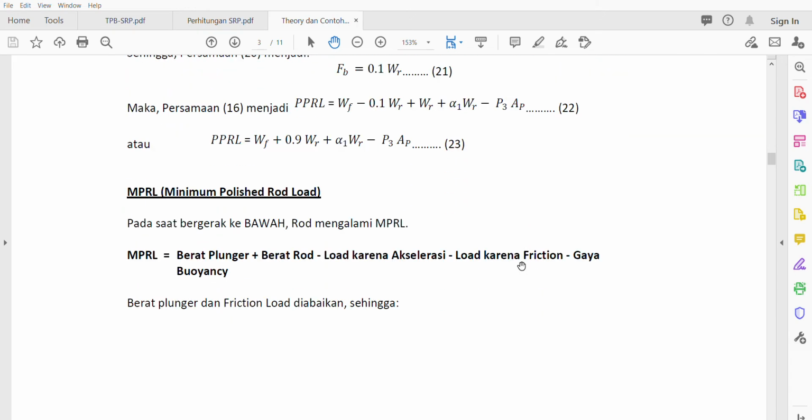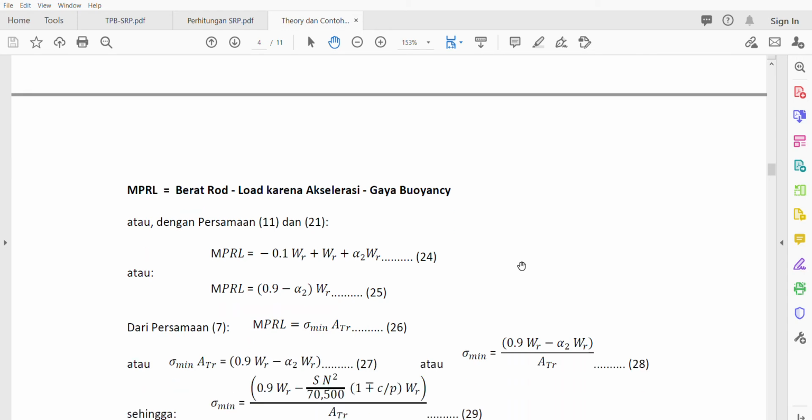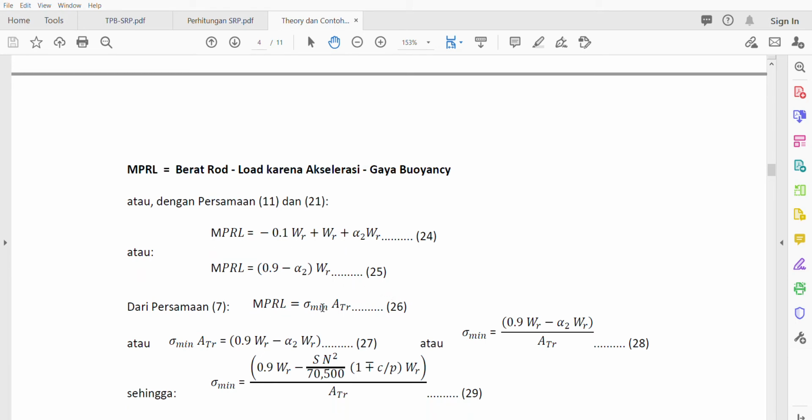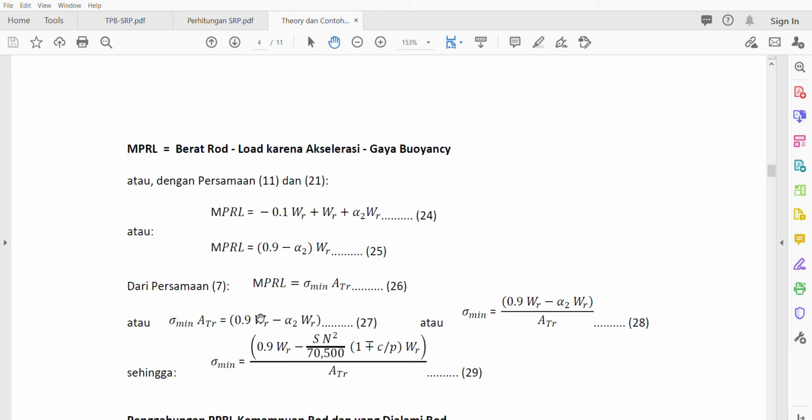So it becomes this equation. And from equation number 7, we have this equation. As we combine, if we plug in the ampere L here, we end up with the equation for the minimum stress.